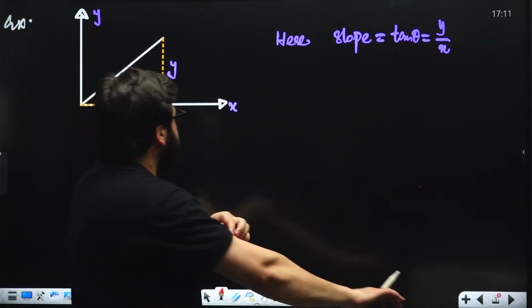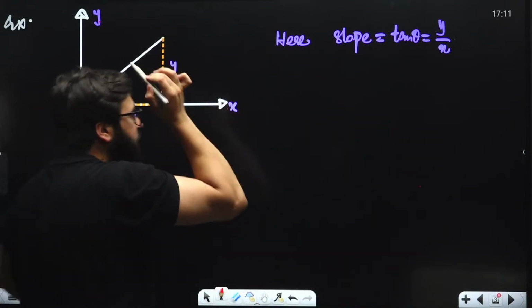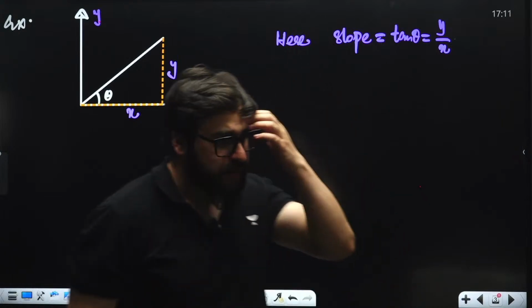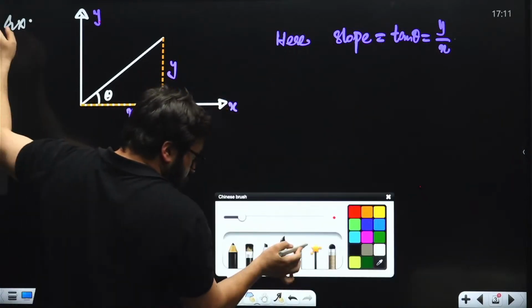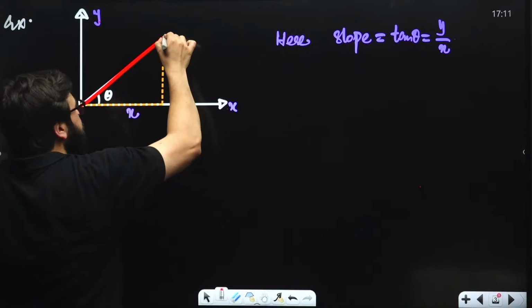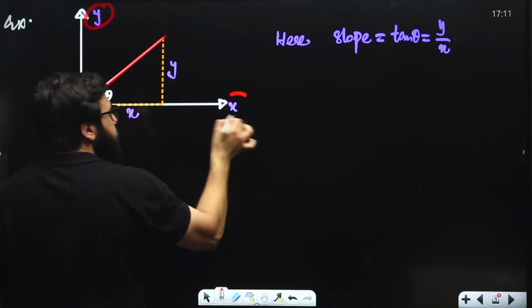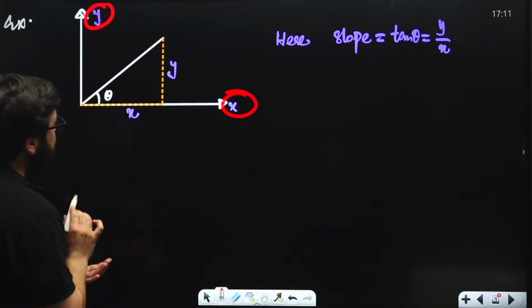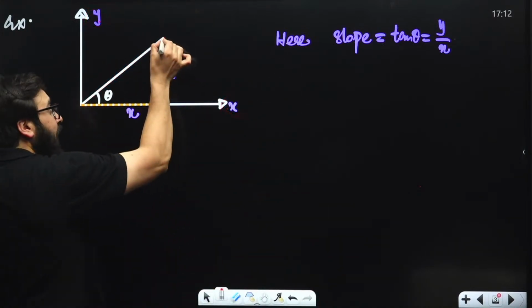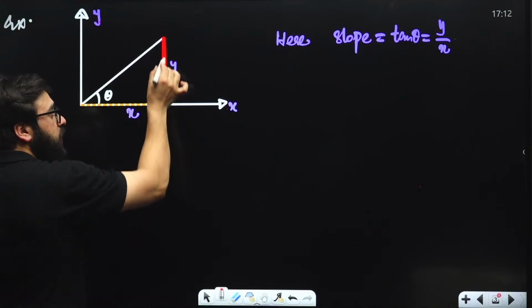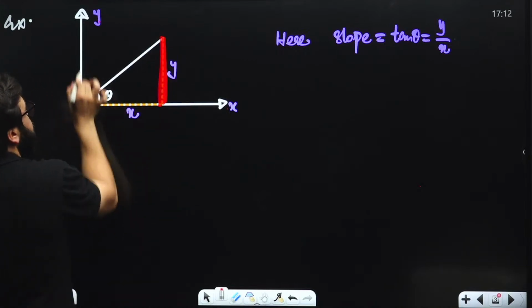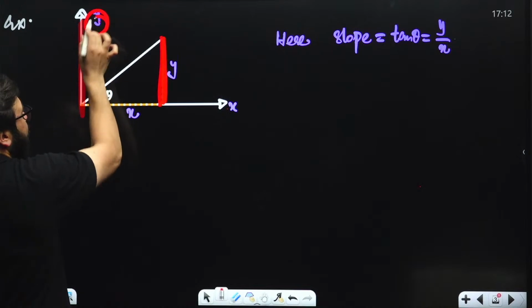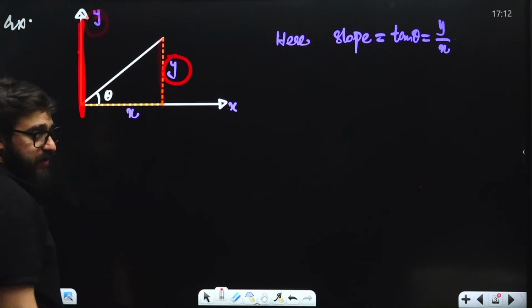Let's talk about this particular graph. This is the graph between y versus x, okay? And this is a straight line we have got over here, between y and x. Now in this particular case, if I draw a line over here, on this perpendicular it is y, so I'll call this y.